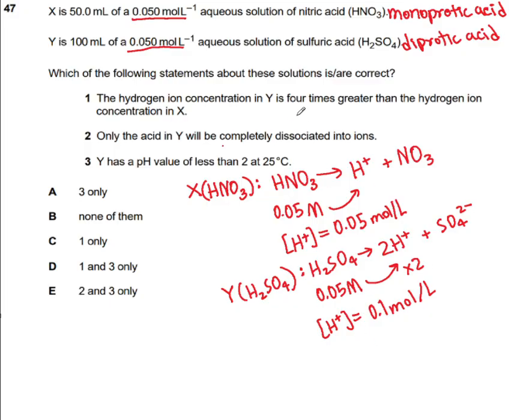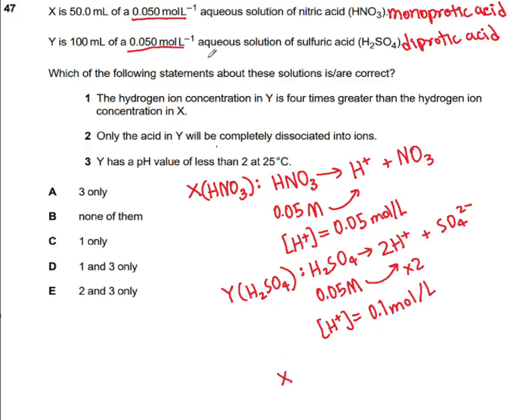Now they said the sulfuric acid concentration of hydrogen is 4 times greater. So we have to find how many times greater it is. We simply divide the concentration of protons of sulfuric acid by the concentration of protons of nitric acid.